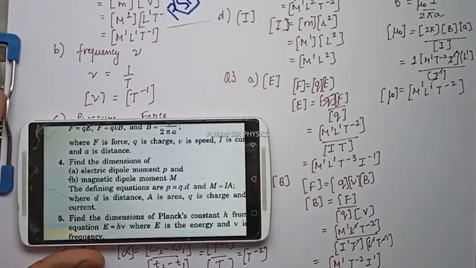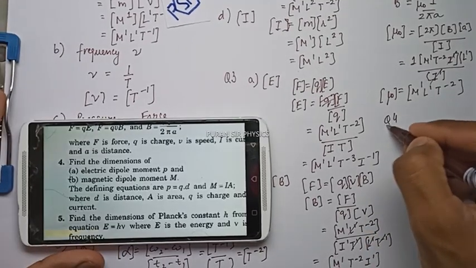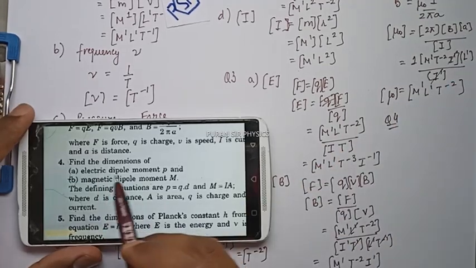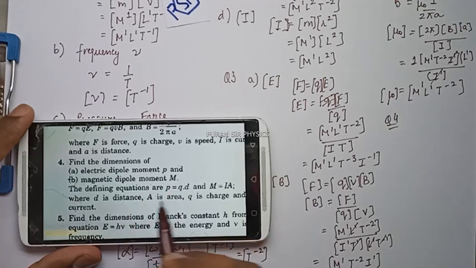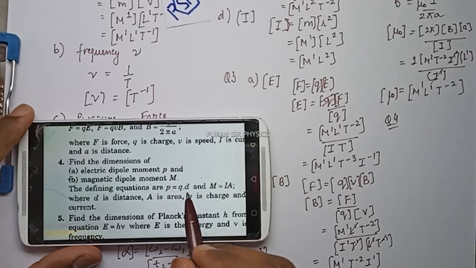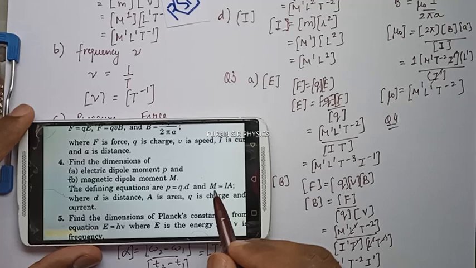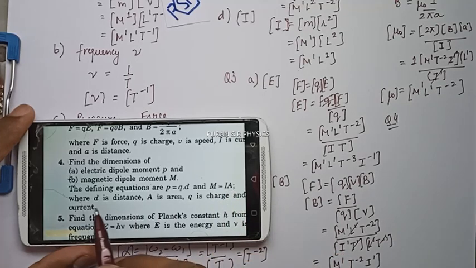In question number 4, find the dimension of electric dipole moment P and the magnetic dipole moment capital M, and the formula is also given. P is equals to Q times D and magnetic dipole moment is equals to I into A, where I is the current, A is the area.